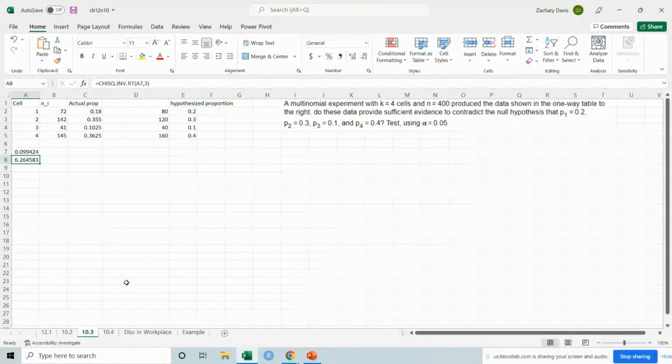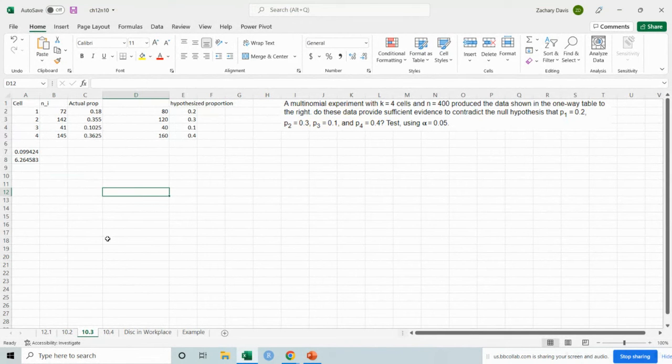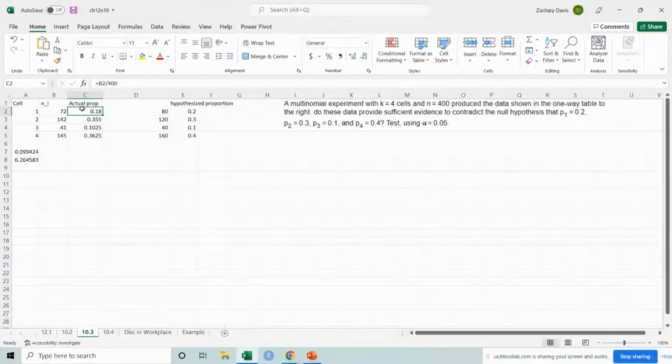So how do we solve this problem? We're given a table of some actual measured sample sizes. We had 4 cells and a sample size of 400. When we took the measurements, we got these actual proportions; they're all divided by 400.